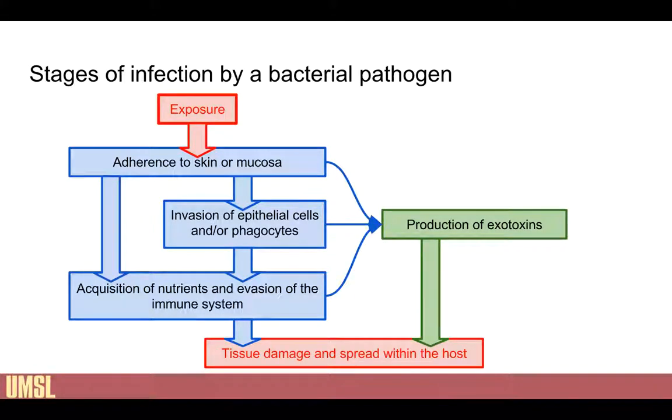As we'll see in the next lecture, invasion of host cells is one really profound way to evade the immune system and acquire nutrients. As we move forward in this section of lectures, we'll then begin to talk about where exotoxins, toxins produced by bacterial pathogens, come into play.